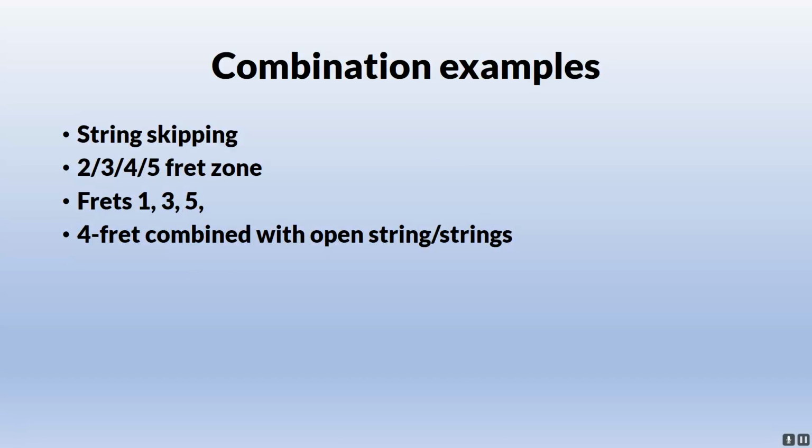And then there's combinational examples, like string skipping. You could play on the E and the D string, so you're really skipping the A string. It's just a combination of just playing on one string.